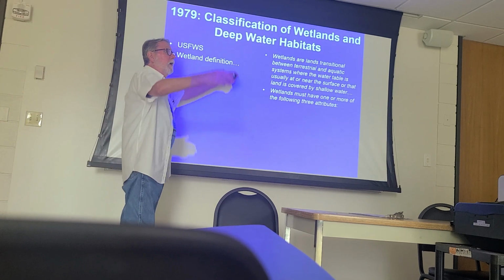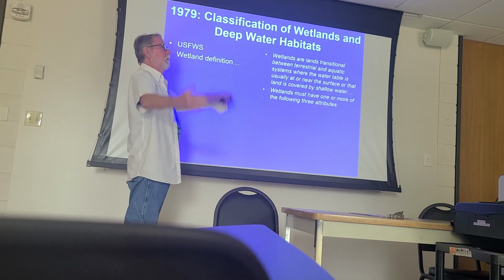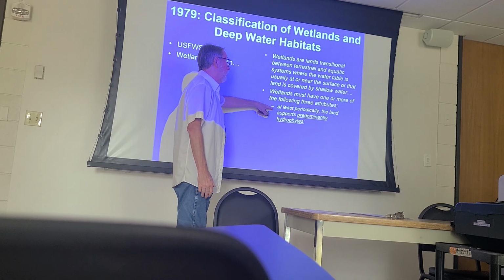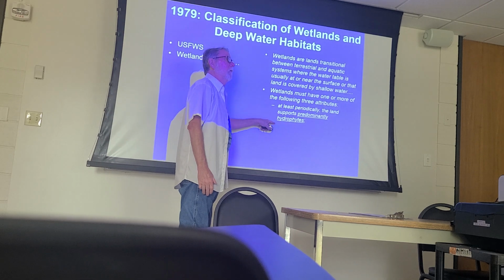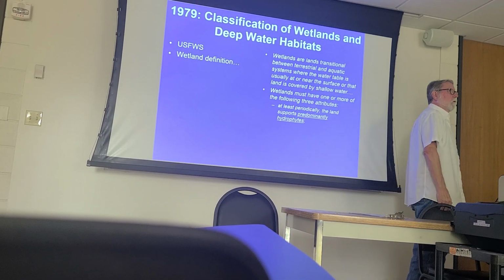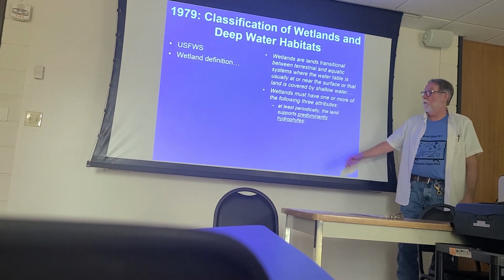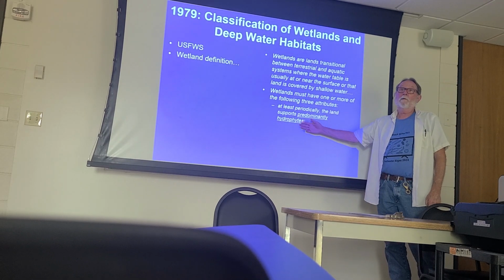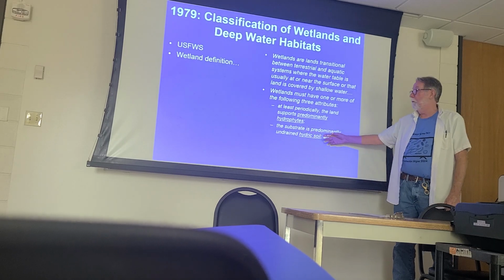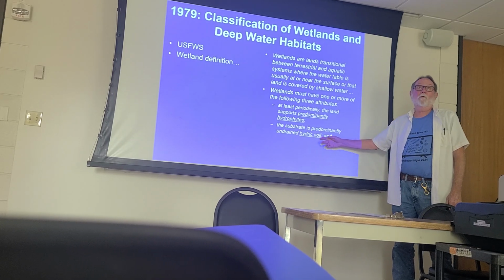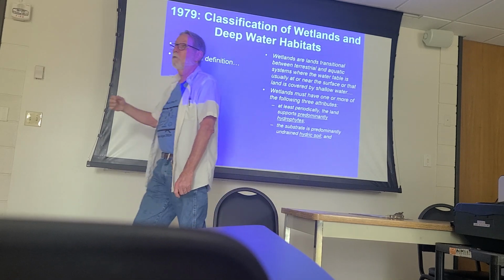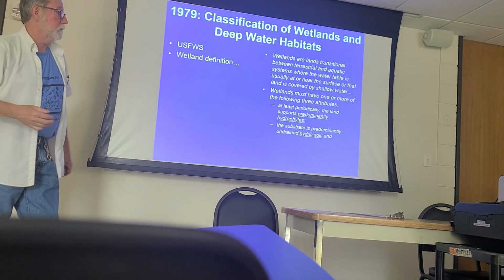The three great pillars that hold up the concept of wetlands are, first, at least periodically the land supports predominantly hydrophytes. What this means is that the plants growing there are the plants you would expect to find in a wetland. Hydrophyte means wet plant. Second, the substrate, the soil, is predominantly hydric soil. These are soil processes that are formed due to being flooded most of the time.